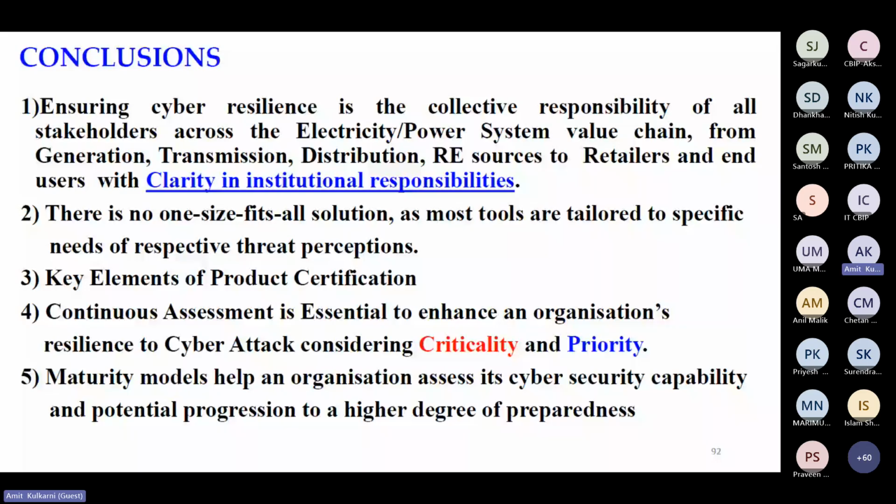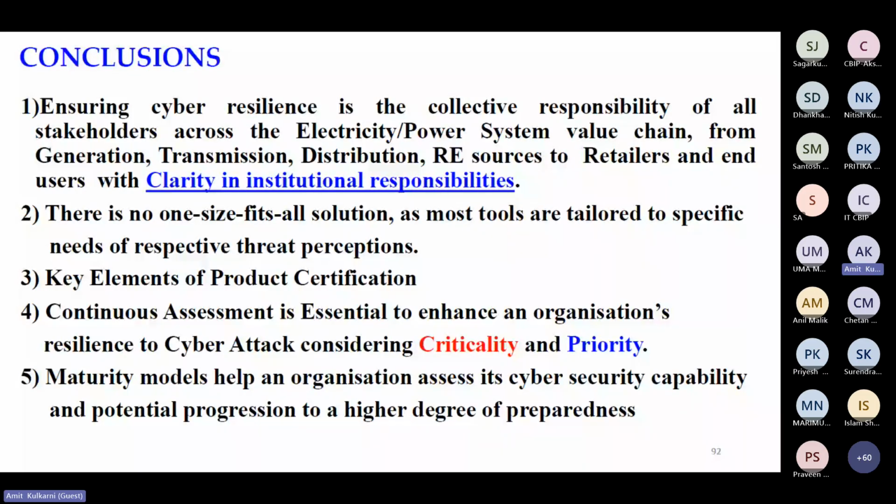And one solution does not fit all, as most tools like malware are tailored to meet certain specific targets and state perceptions, so they have a solution for that particular target. Though we should take some learning from that, we should be ready to evolve and act accordingly.